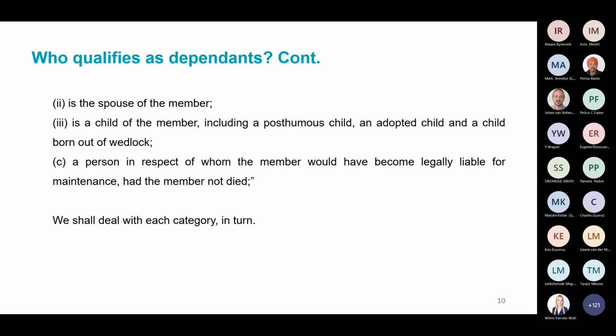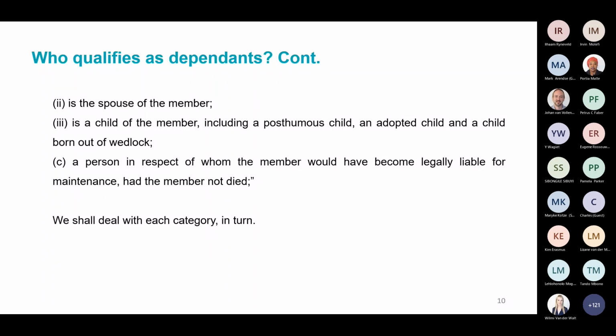You may also say that the nasciturus fiction already takes care of the posthumous child. Again, there's a context to why it was included, and it was just made absolutely clear out of abundant caution. The definition of dependence captures the wide array of children, as well as the child of the member.